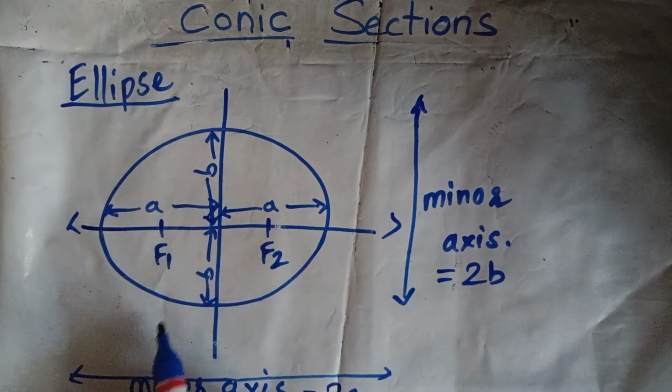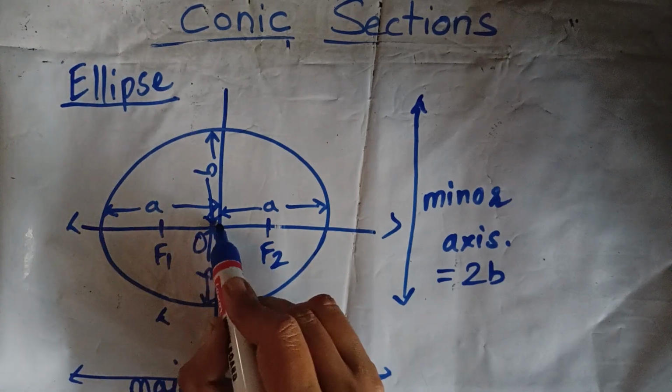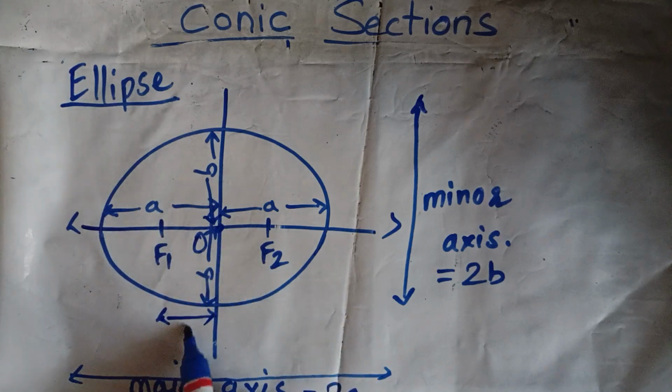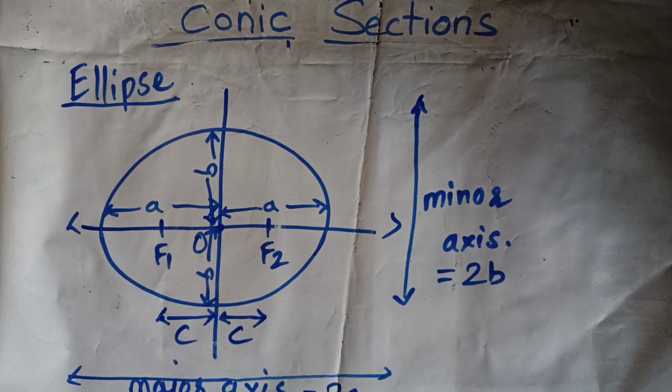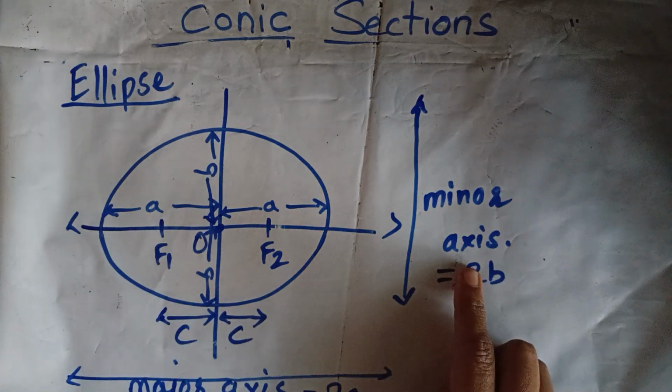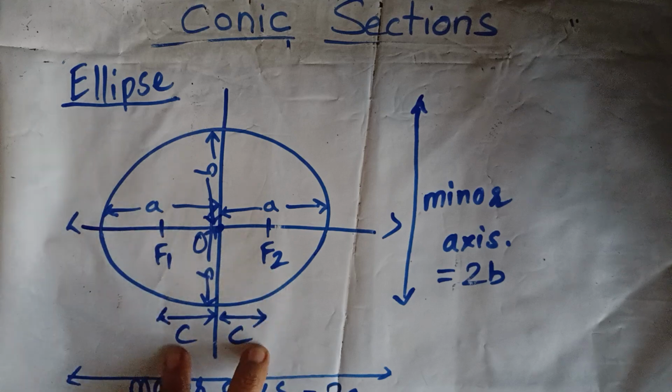This distance from F1 to O, that is, the origin, is C. So the distance between the foci is given by 2C.